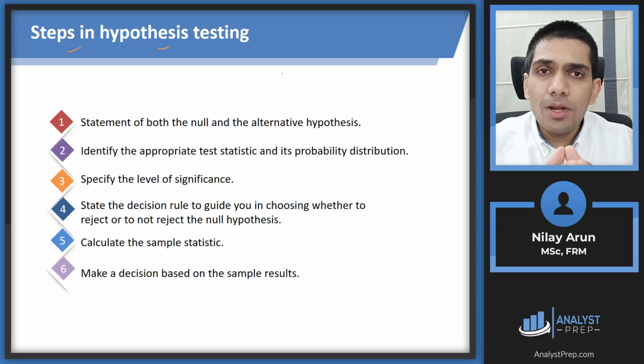What we need to do is follow these 6 steps in exactly this sequence. What you realize is that hypothesis testing is actually quite a mechanical process. Regardless of what you're testing, regardless of which distribution we are talking about, these 6 steps are not going to change. So whichever hypothesis testing question you have, you simply implement these 6 steps in exactly the same sequence and you'll have your answer.